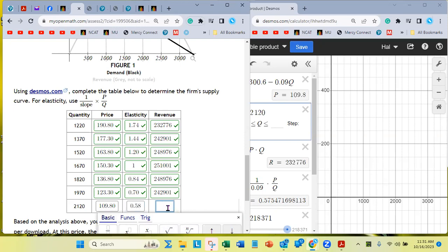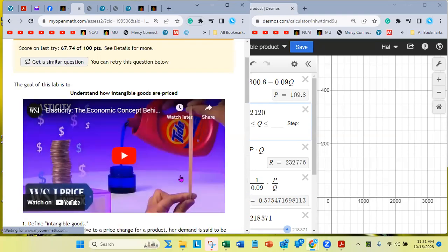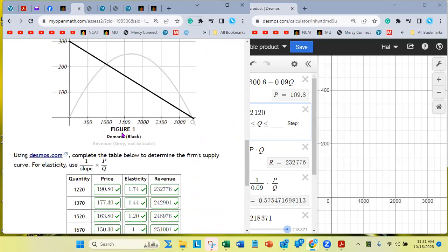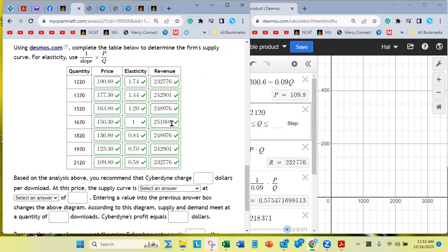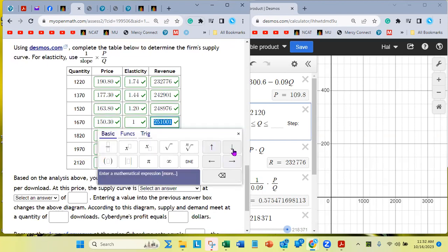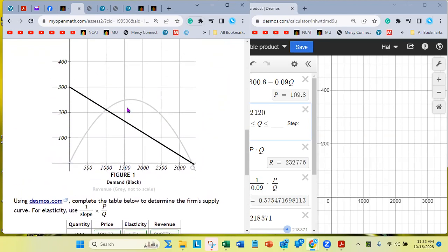And my revenue is $232,776, right? And now I've completed my table, right? And notice my revenue peaks out at what I thought it would peak out at, right? It peaks out at just above 250,000.